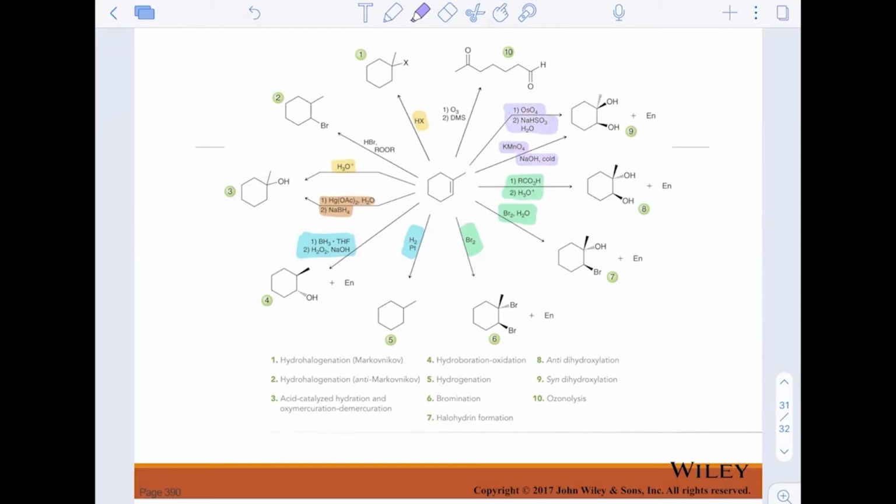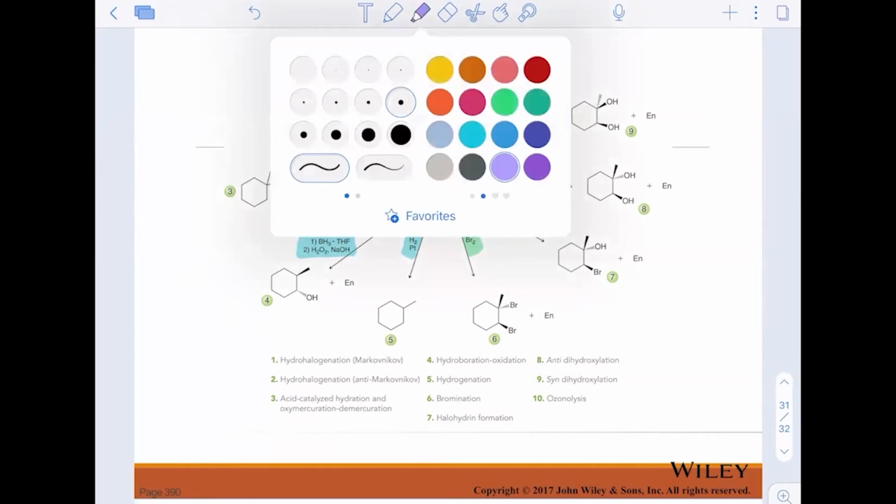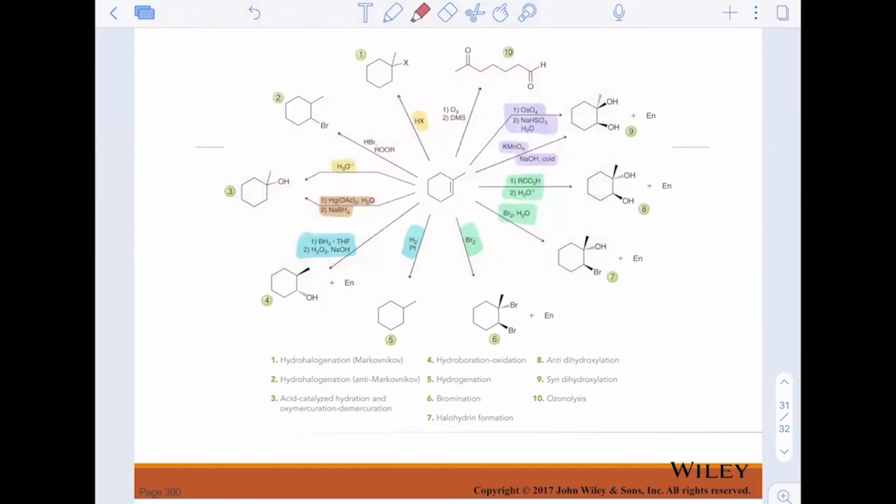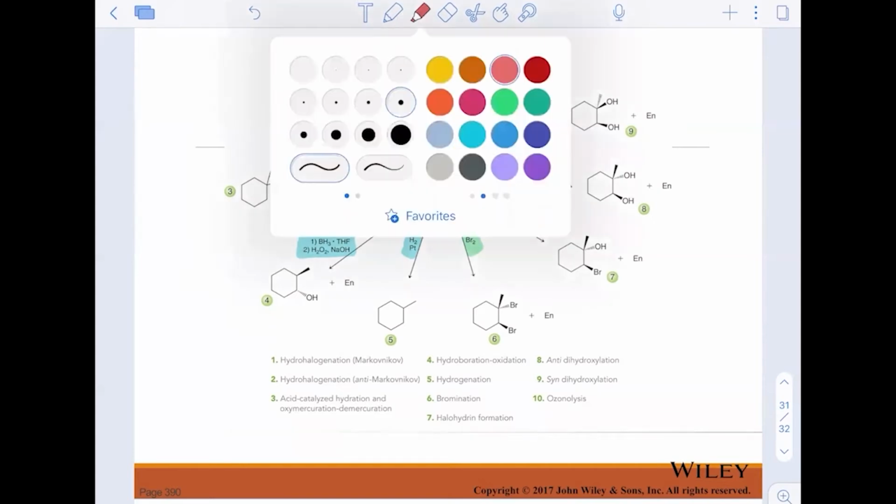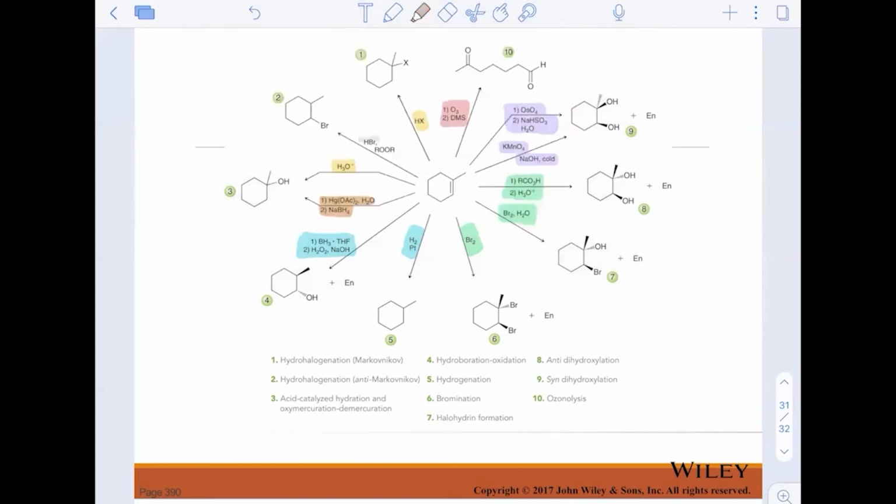All of these are really important to just understand their stereoisomer format. And then ozonolysis, no mechanism for that, no stereochemistry for that. We split open the sigma and the pi bond there of the carbon-carbon double bond, and we put double bonded oxygens on either side. We will come back to HBr and ROOR, HBr and peroxide. Just note that that is an anti-Markovnikov addition product.